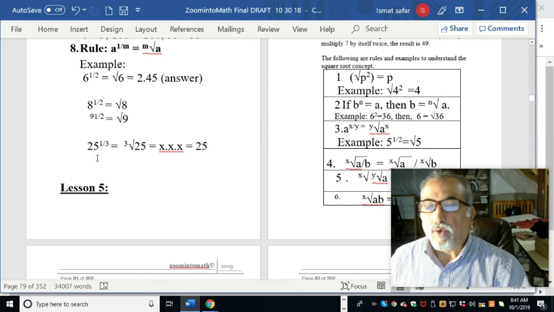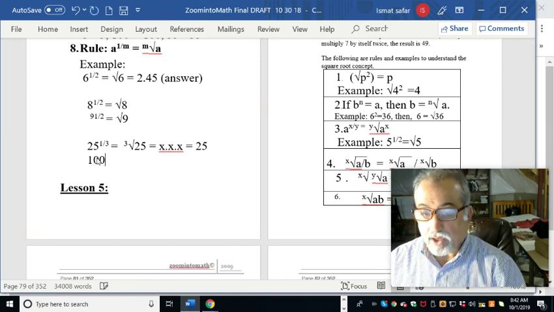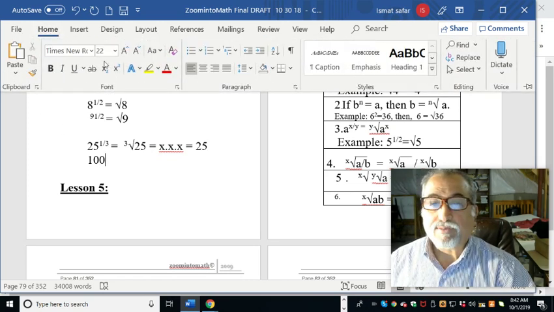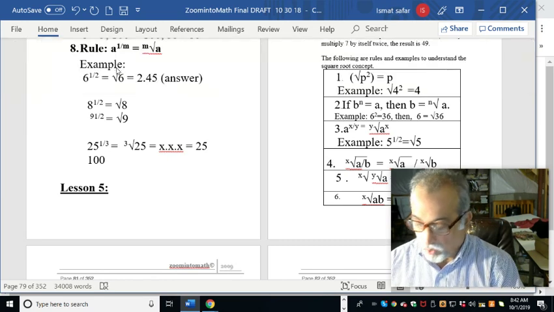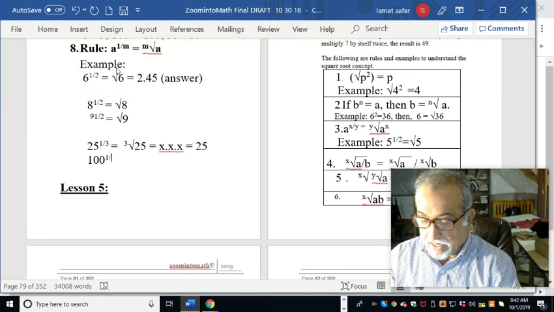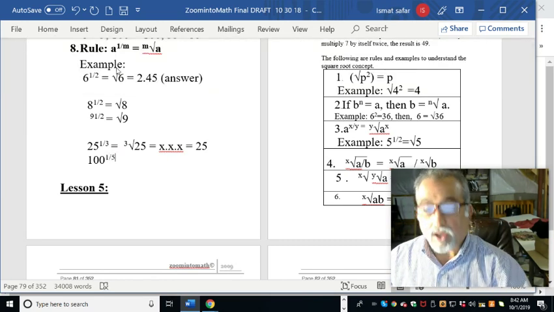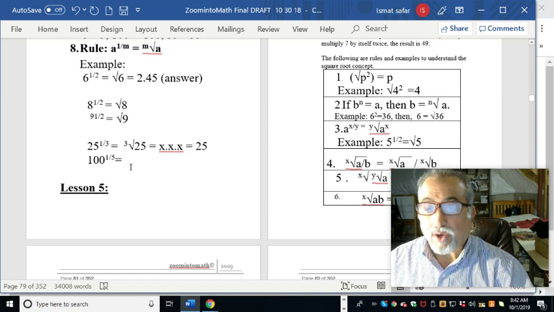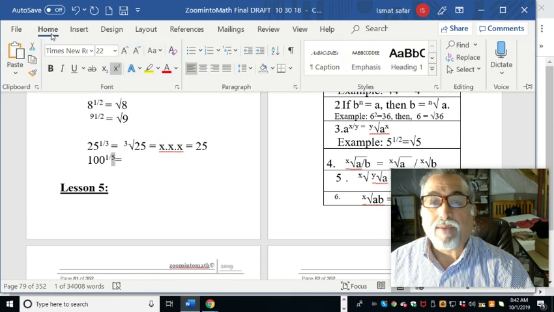Now, if we have another number, let's say 100, to the exponent of 1 over 5, which means what? It equals the fifth root of 100, and I'll show you what I mean by that.